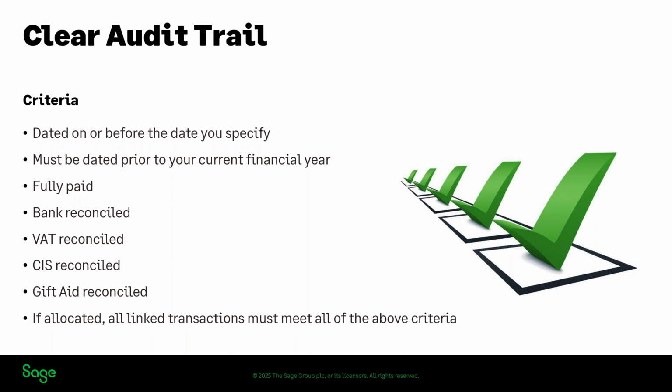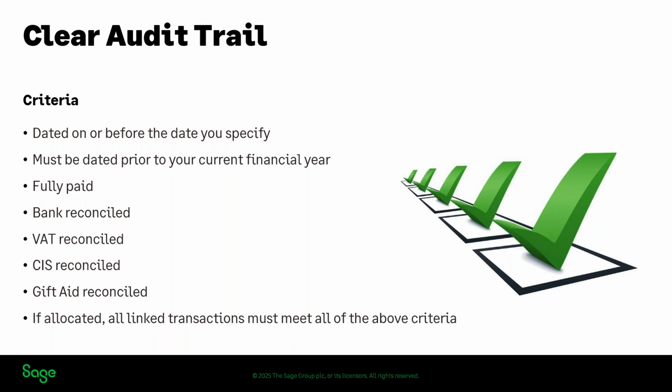If it's a CIS transaction, if anyone uses the CIS module, then again, the transaction must be CIS reconciled. And if you use the charities option within the software, and the transaction is flagged as a gift aid transaction, then it must be flagged for gift aid as well. So it must be gift aid reconciled.